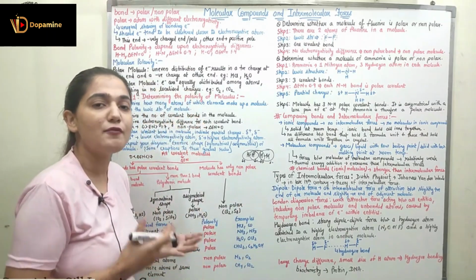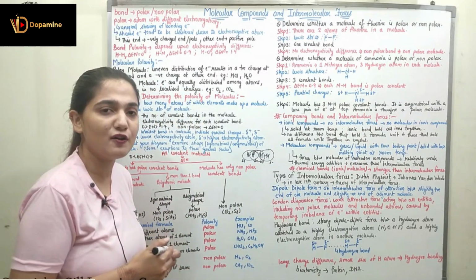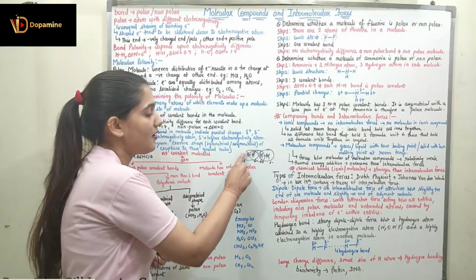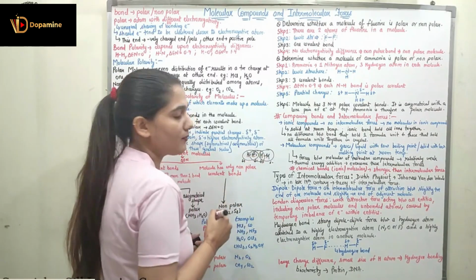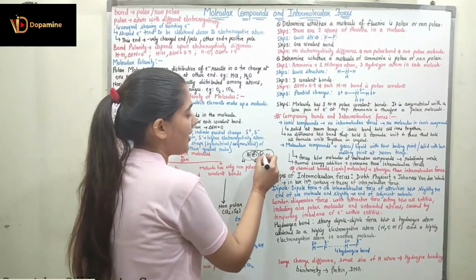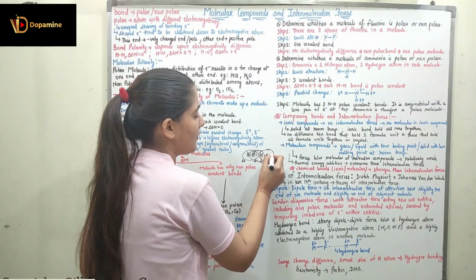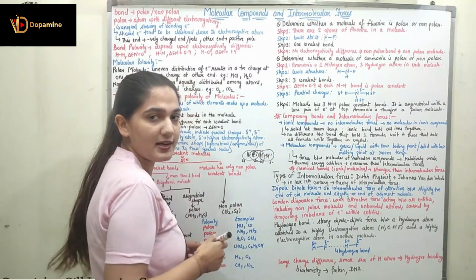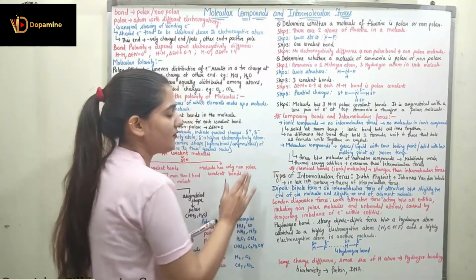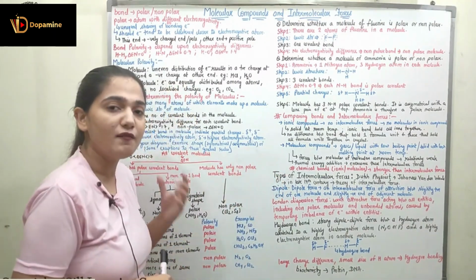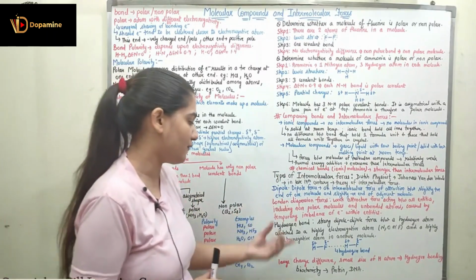The electrons, we all know, are in a continuous state of motion, due to which they can form a partial negative charge over here if I have more electrons over here, right? And here also, if I have more electrons over here, we can have the partial negative charge. So we can have partial positive and negative charges, which have a force of attraction, which is the London force.